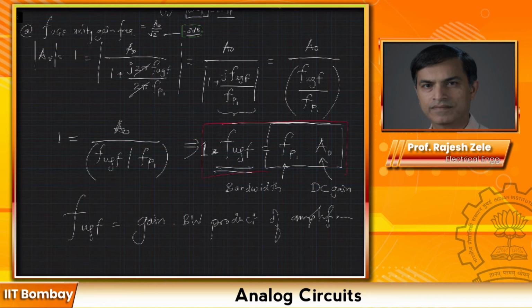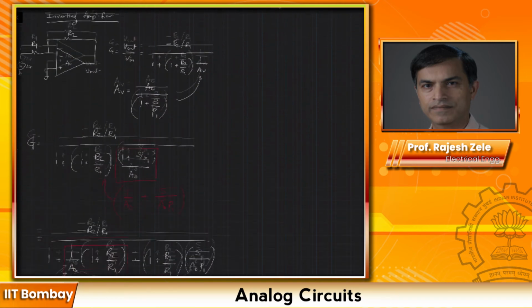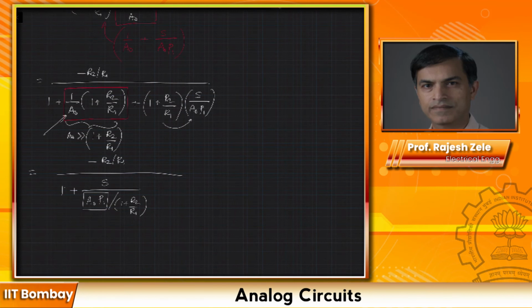So we can say here this is equal to minus R2 divided by R1, divided by 1 plus S divided by omega UGF, divided by 1 plus R2 divided by R1.